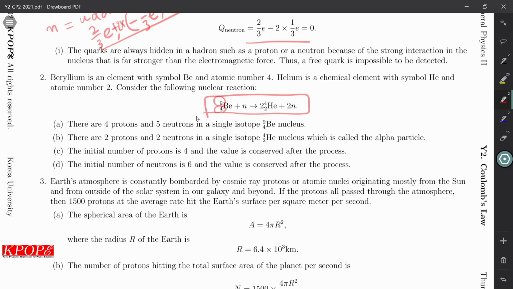So on the left side you have 5 neutrons, another neutron, so 6 neutrons. We have 4 protons. On the right side, 2 protons multiplied by 2, so you have 4 protons.